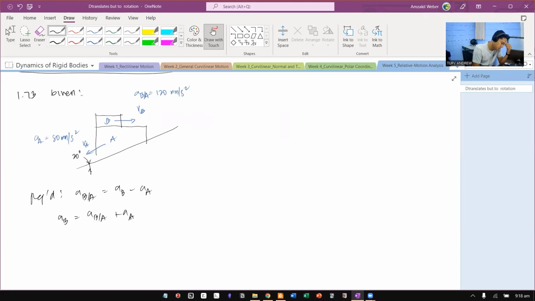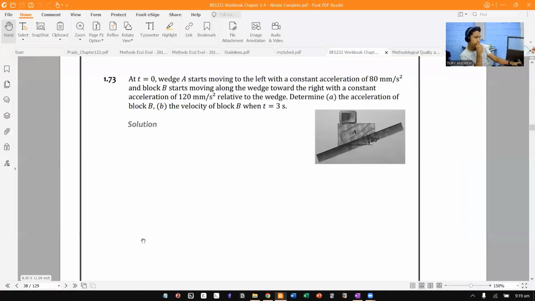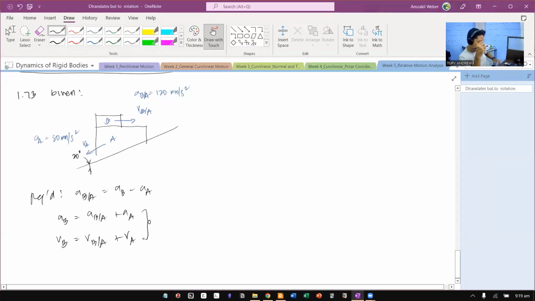That is also with respect to A. We can directly integrate, reverting back to acceleration, which as velocity is VB equals VB/A plus VA, or VB minus VA transposed so that it looks like VB. So we need AA and AB/A.